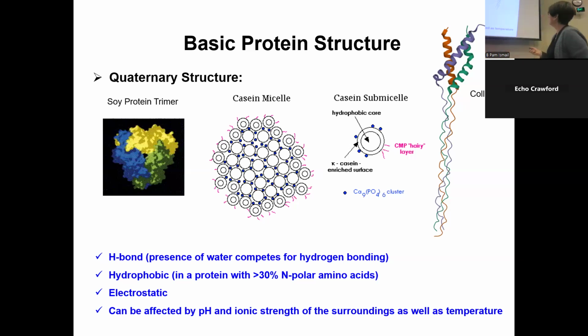Another form of quaternary structure is your collagen. They form strands. Why do they form strands? Not globular, there are strands. Why do you think? The structure of the protein is open like that because it doesn't have a high degree of hydrophobicity, so you don't see that protein wanting to just fold on itself.